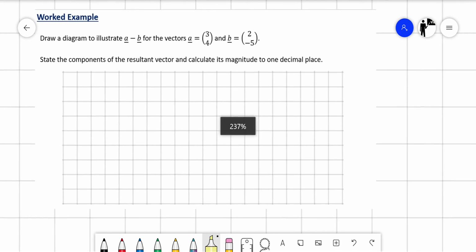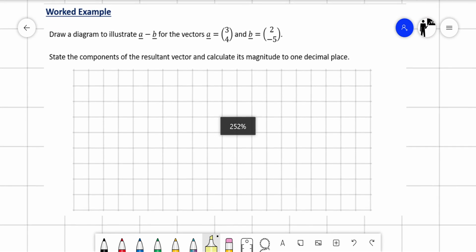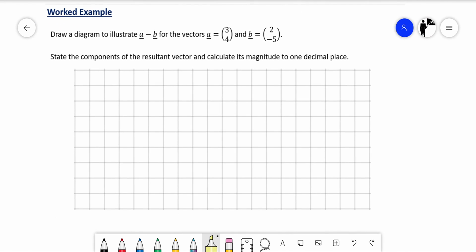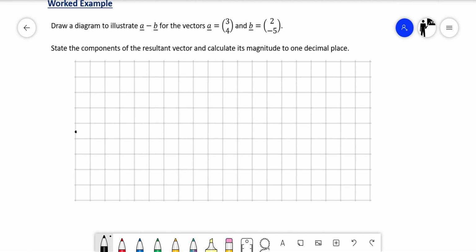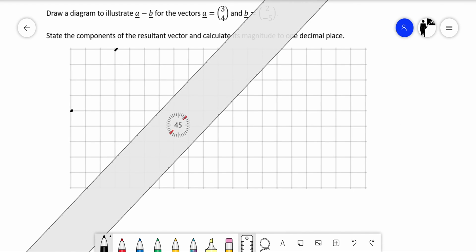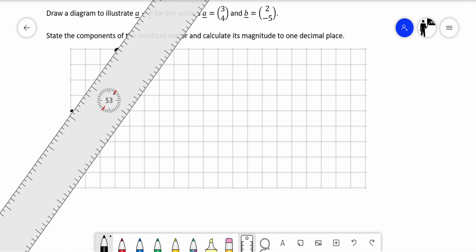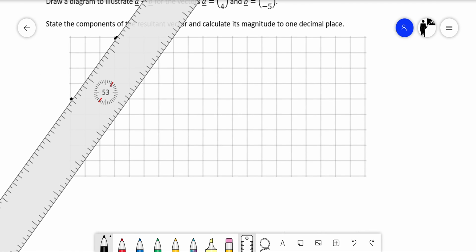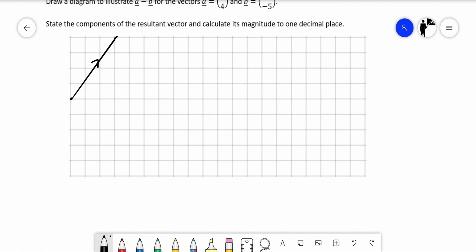So draw a diagram to illustrate a minus b for the vectors a and b. So the vector a is 3, 4. So I'm just going to start here. Okay, so we're going to go 3 along and 4 up. 1, 2, 3, 1, 2, 3, 4. Okay, so here is our vector A. Three along, 4 up.